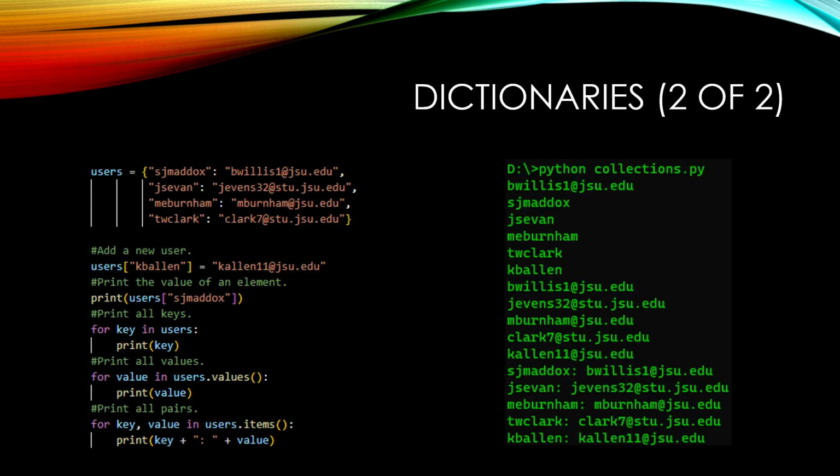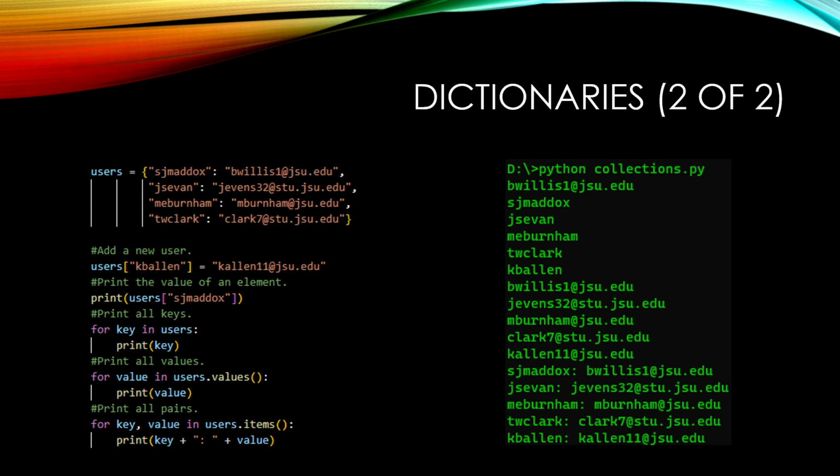So let's see one in action here. We've got a simple dictionary that contains a list of usernames, or keys as usernames, and their values are email addresses. We've got a bunch of prints going on over here on the right. So let's take this one line at a time.